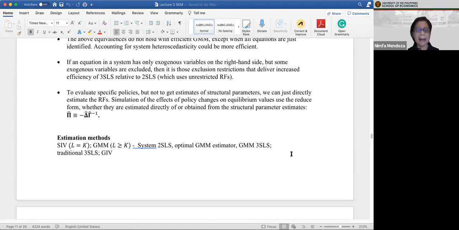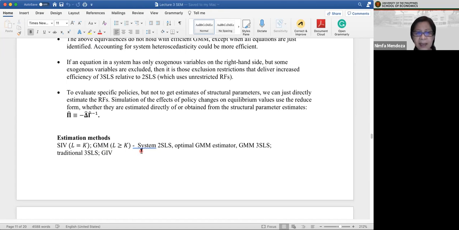So last time we went over the estimation methods. We had the system IV for the case where L is equal to K, and for the more general formulation where L is greater than or equal to K, we have the GMM methods, the generalized method of moments.